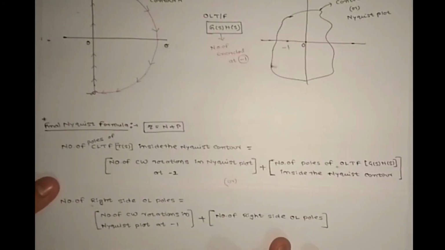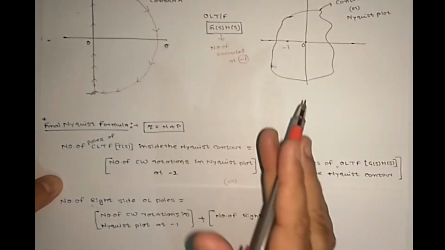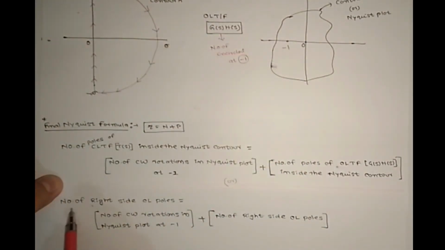Or you can use this formula. Both formulas are the same. Inside of the Nyquist contour means the complete right half of the S-plane, right? So the number of right side closed loop poles equals the number of clockwise rotations in the Nyquist plot at -1 plus the number of right side open loop poles.